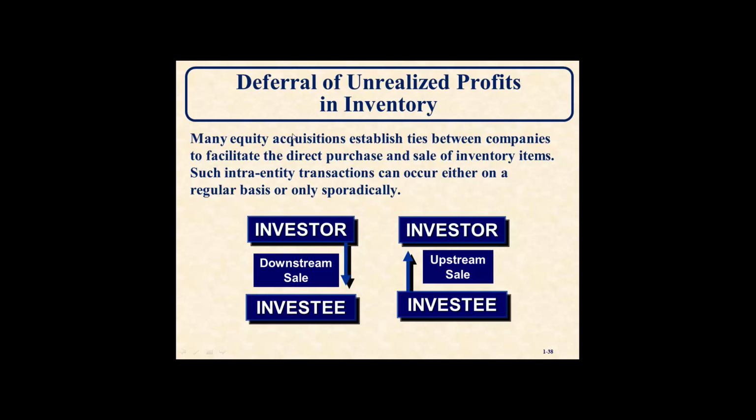Many equity acquisitions establish ties between companies to facilitate direct purchase and sale of inventory items. Such intra-entity transactions can occur either on a regular basis or only sporadically. If the investor sells to the investee, that is considered a downstream sale. If the investee sells to the investor, that's considered an upstream sale.